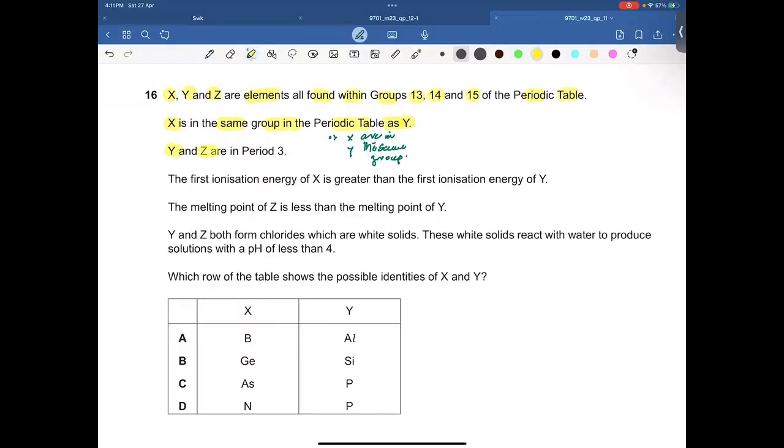Whereas Y and Z are in period 3. If Y and Z are in period 3, obviously germanium and arsenic won't be the right option because they are not found in period 3 elements, right?